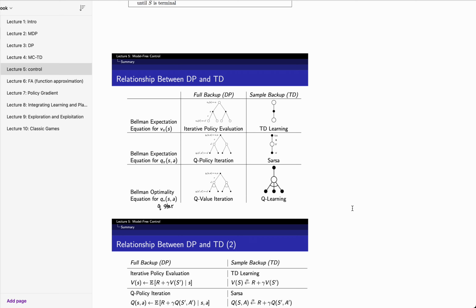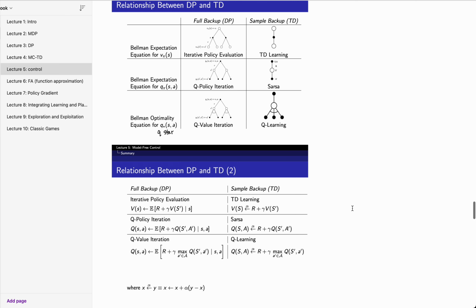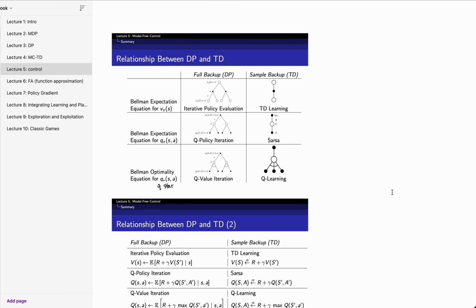Okay, two summary slides to summarize what we've learned so far. With the environment known, you know everything about the environment, the probabilities. You can do full backup using dynamic programming, and then you can update the state values, the action values, and then find out the optimality.